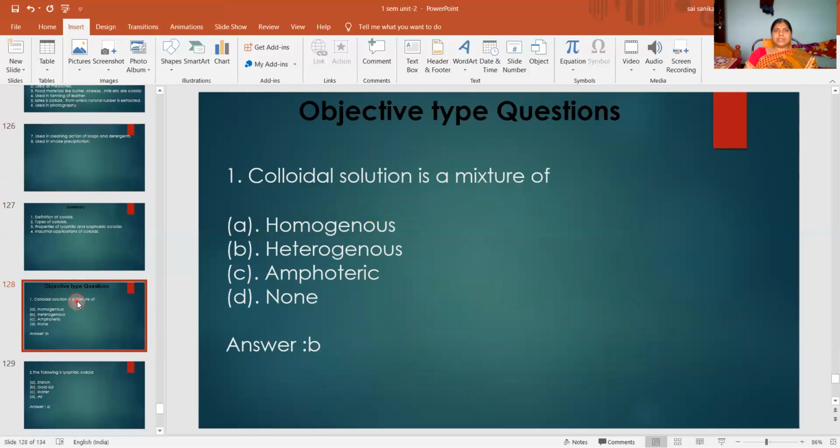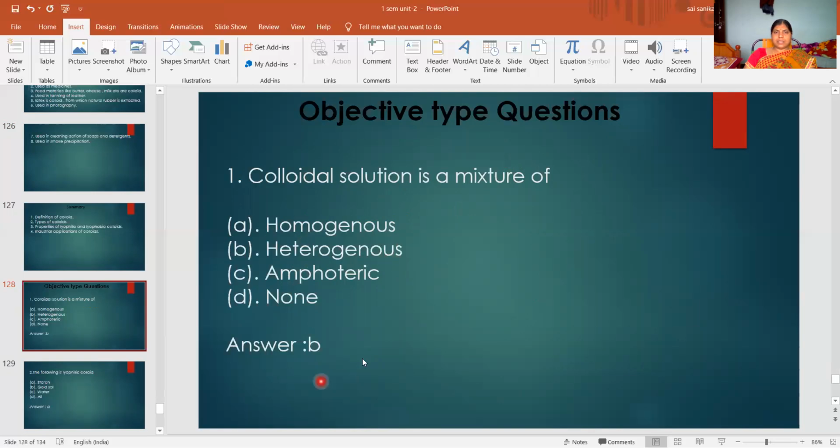Now, see objective type questions. What type of objective type questions may you expect from this topic in your entrance? Very simple and direct questions. Colloidal solution is a mixture of what? A homogeneous, B heterogeneous, C amphoteric, D none.